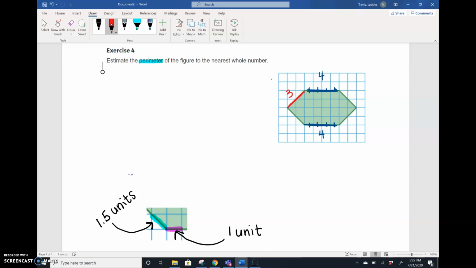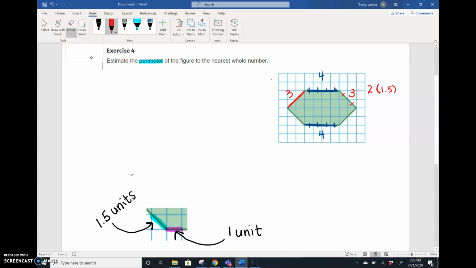Another way to figure out the diagonal lengths is to count how many diagonals you have and then multiply. So let's try that on this side. On this side we have 1 diagonal and another diagonal. So that's 2 diagonals, times 1.5 each. That's 1.5 plus 1.5, or 1.5 times 2, which gives us another 3 units.